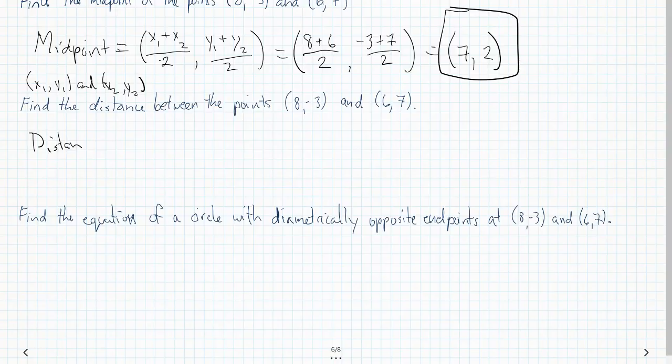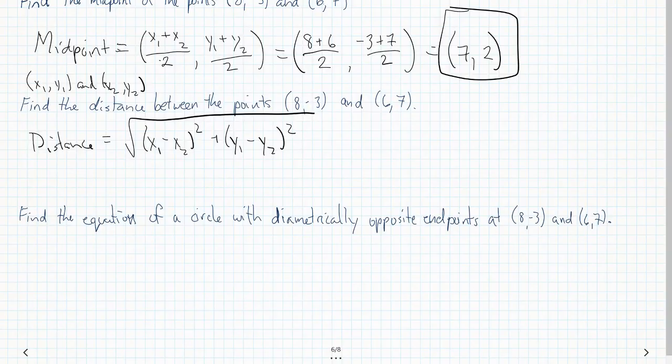In a similar manner, using x1, y1, and x2, y2, the distance formula is the square root of x1 minus x2 squared plus y1 minus y2 squared. Now, you might be concerned about the order because we have subtraction here, but since we're squaring it, it always turns positive, so it shouldn't be a big deal.